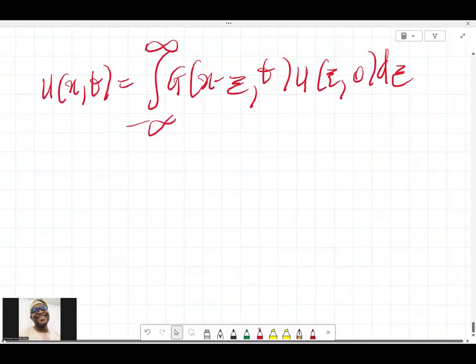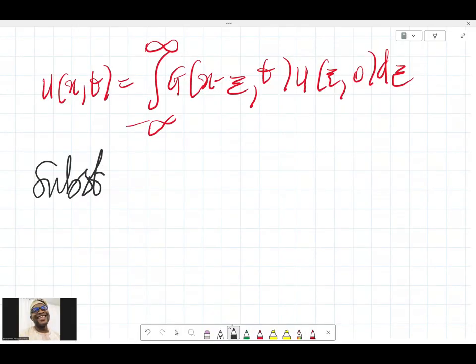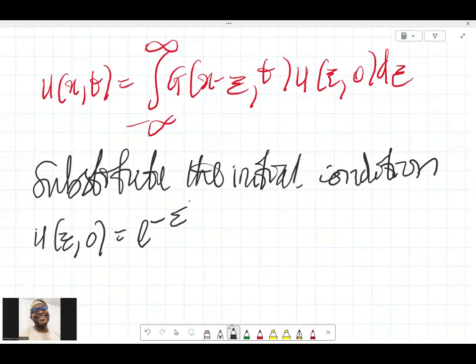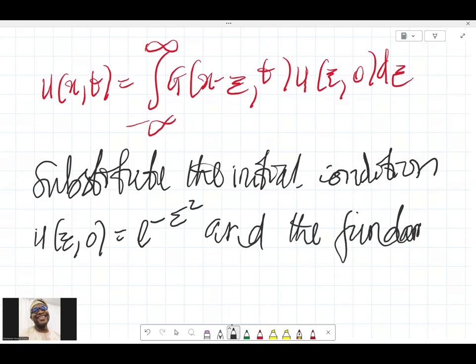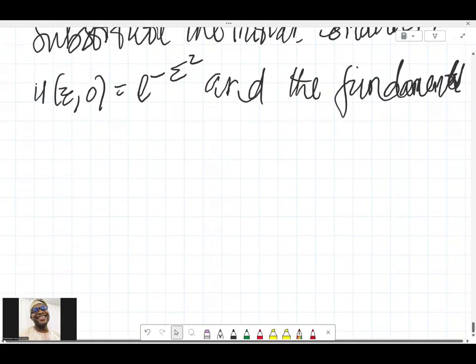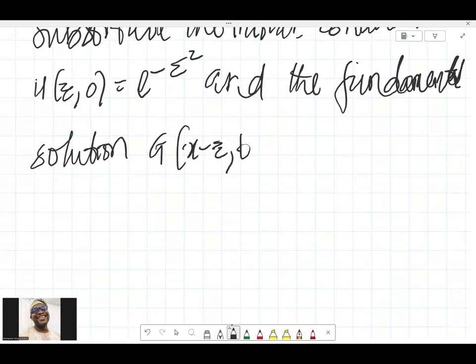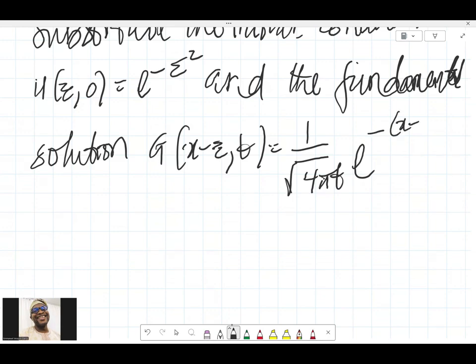So next we substitute the initial condition u of psi comma 0 equals e raised to minus psi squared, and the fundamental solution, which is g of x minus psi comma t equals 1 over square root of 4 pi t e raised to minus x minus psi squared all over 4t.